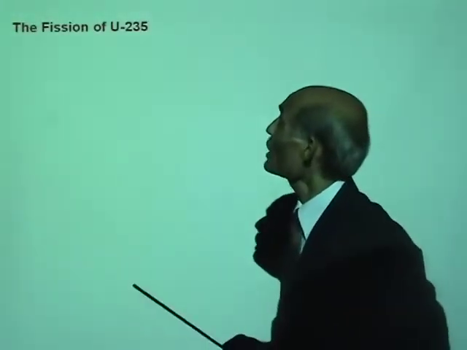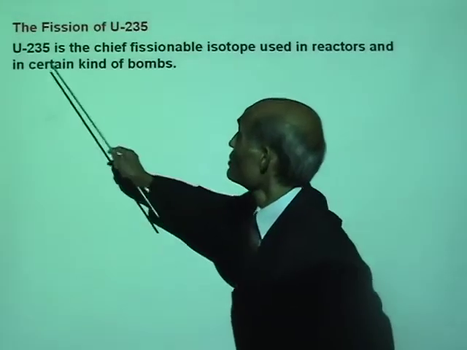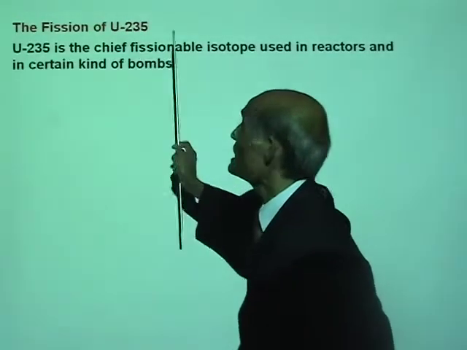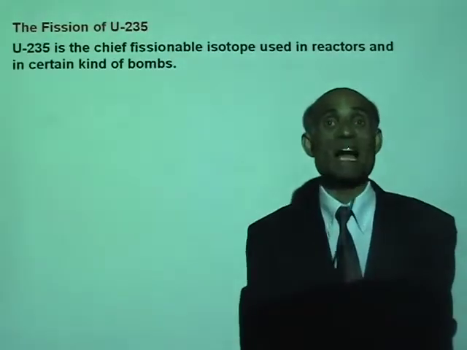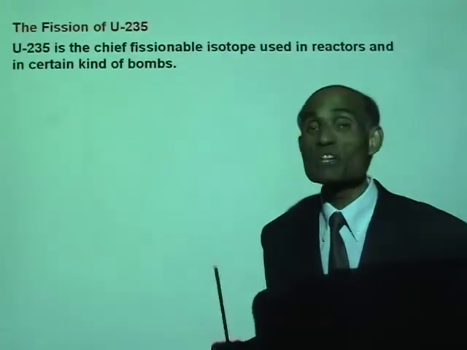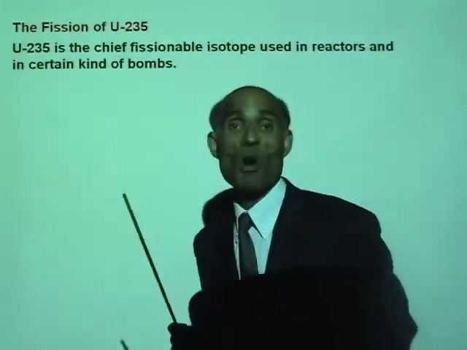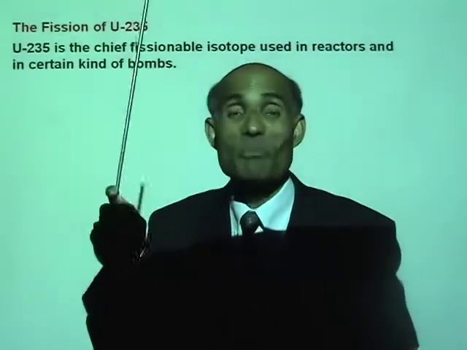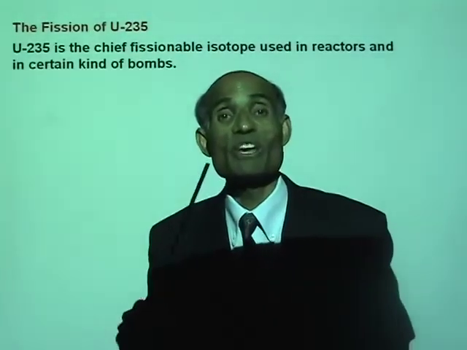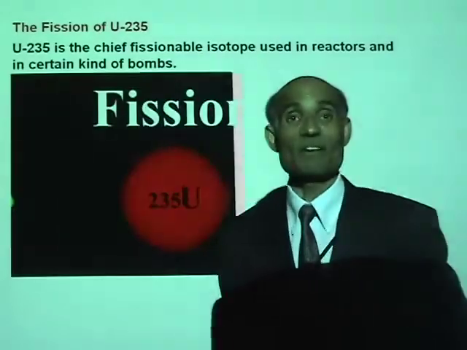Well, let's now look at the fission of U-235 one more time. Uranium-235 is the chief fissionable isotope used in nuclear reactors and in certain kinds of bombs. In fact, the first bomb that was dropped in Hiroshima was a uranium bomb made of uranium-235.